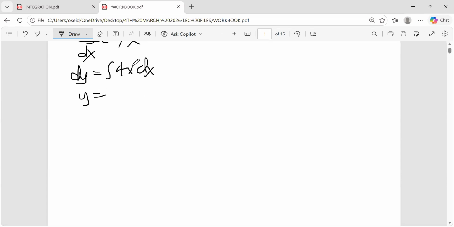we add 1 to the power. x has the power 1, so 1 plus 1 gives us 2.